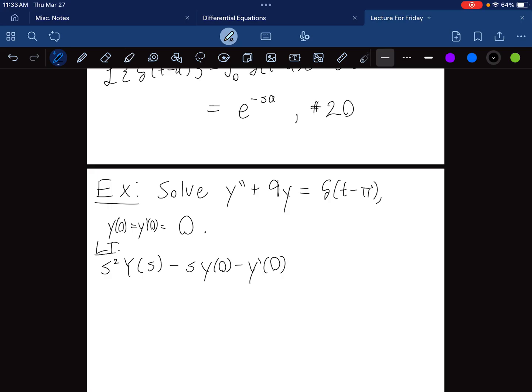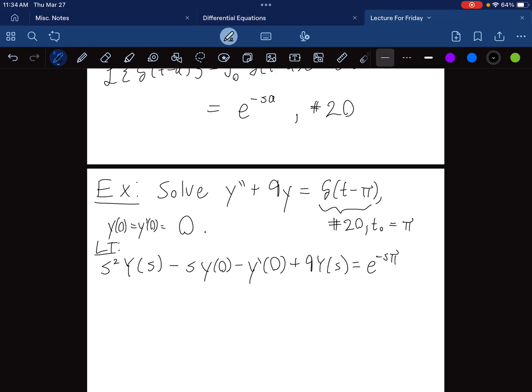And then the Laplace transform of 9y is just going to be 9 times capital Y of s. And finally, for the Laplace transform of our right side, we're going to use table entry number 20 again. Using the notation on the table, t naught is going to equal pi. And so we're going to have e to the negative s pi.